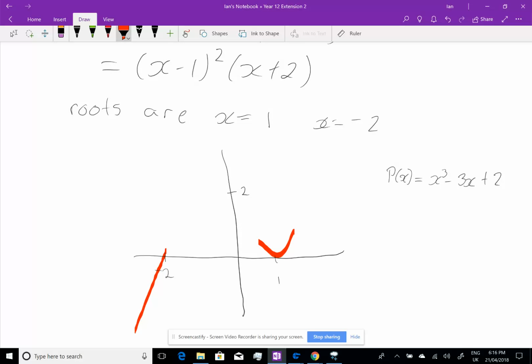And if you remember, when we differentiated it, the other option of the second derivative was at minus 1. So this cubic comes up, turns around, comes down, and goes up like that, which should make curve sketching for you guys so much easier.